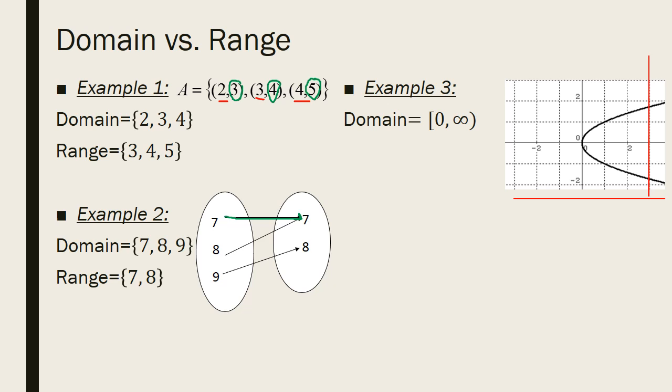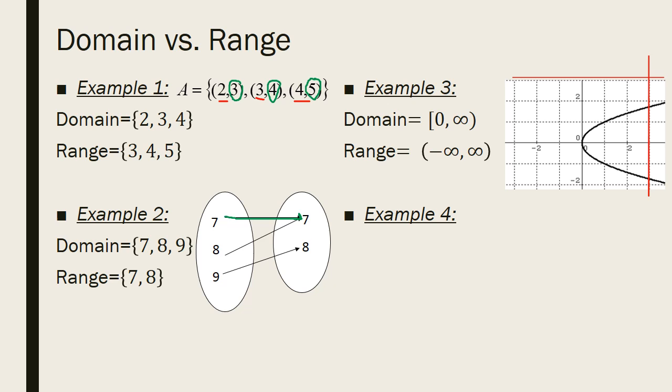If I move a horizontal line across the graph, I see that I'm including all possible y values in this graph, or all possible outputs on this y-axis. That means that the range goes from negative infinity to infinity.